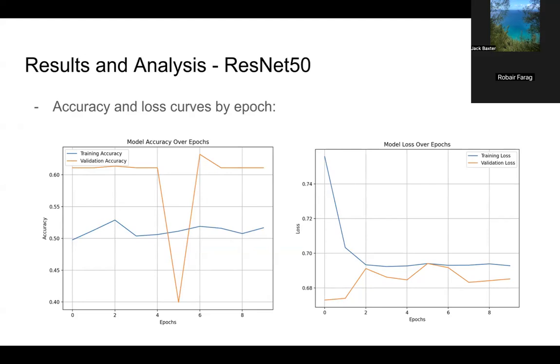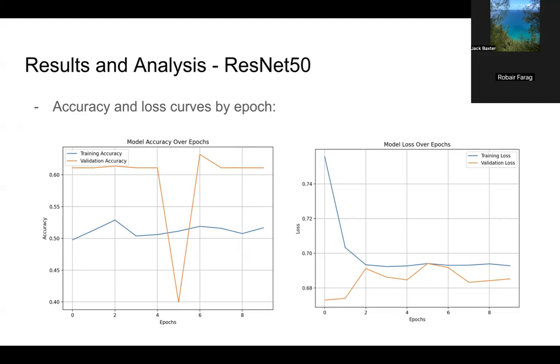And the results and analysis that we got by using ResNet 50 provided us with some accuracy and loss curves by epoch. On the left side, we can see an image of an accuracy of 0.50 for the epochs, and then the validation accuracy you can see on the left side also is 0.60, and then going down to 0.5, and then coming back up to 0.6, and then going into a straight line.